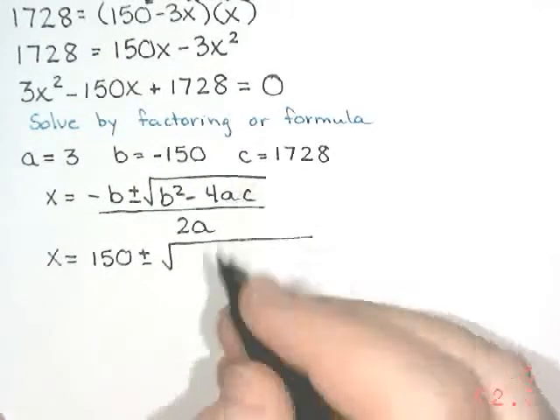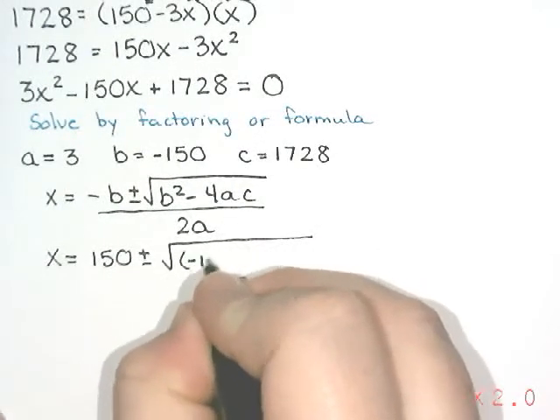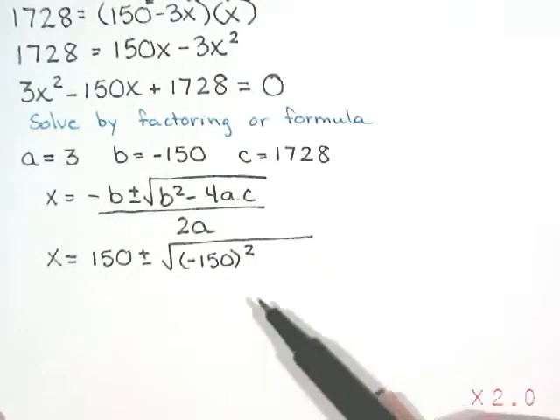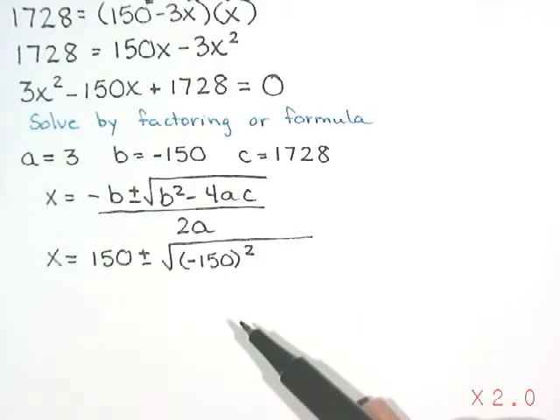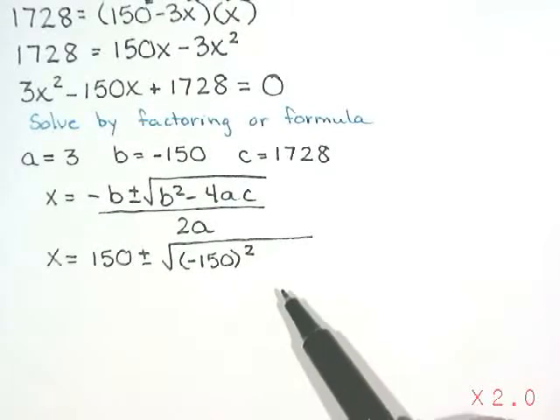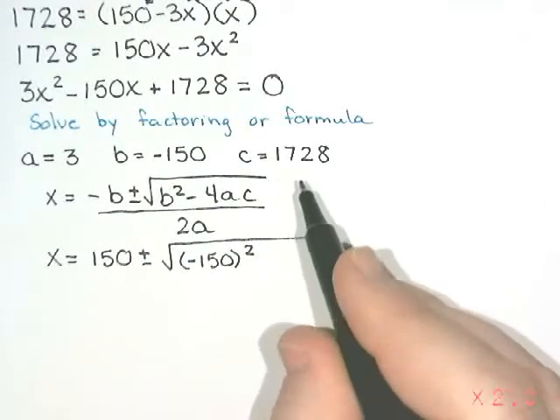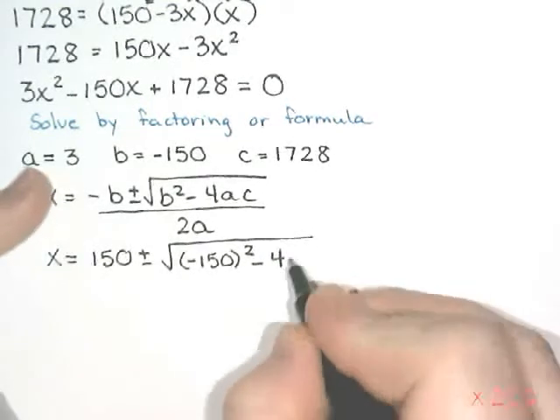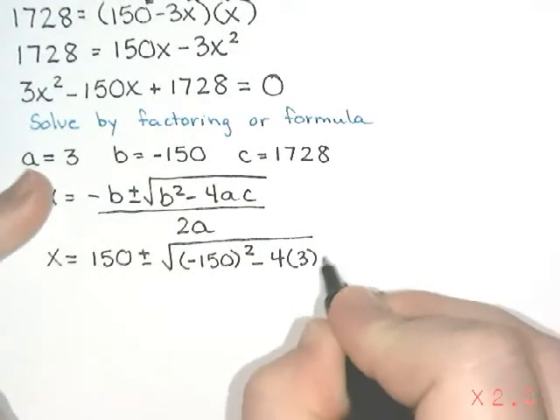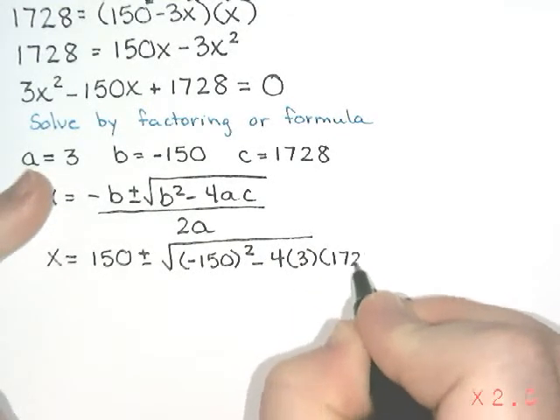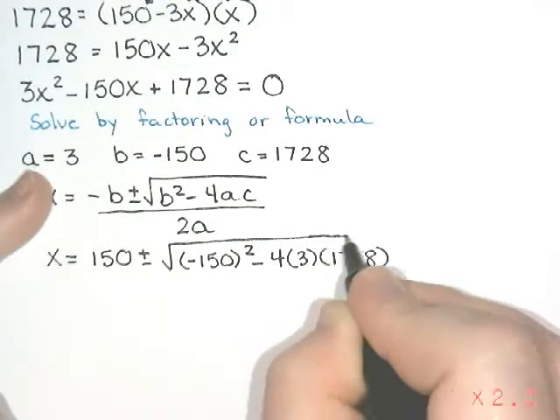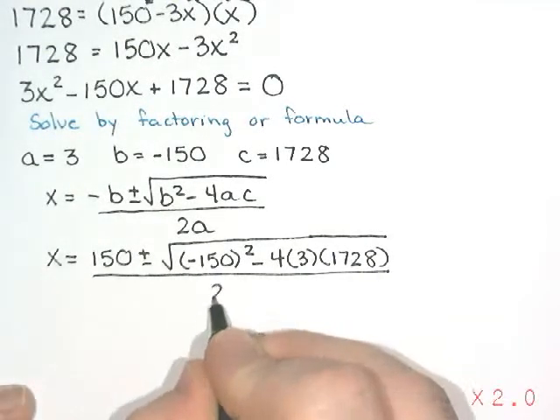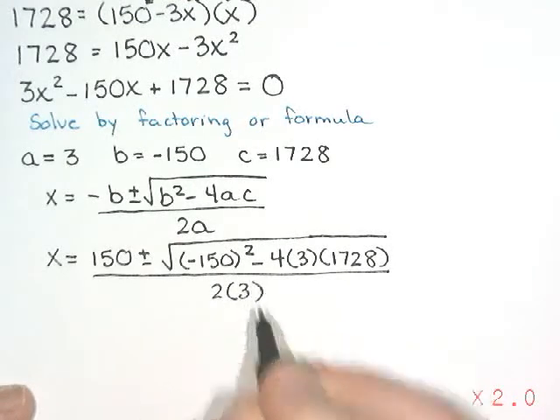B squared, so negative 150 squared. Make sure you put in the brackets, especially if you have a calculator where you see the things you type in. You want to make sure you have those brackets there or you might not get the right answer on your calculator. Minus 4 times 3 times 1,728. And that is all divided by 2 times 3.